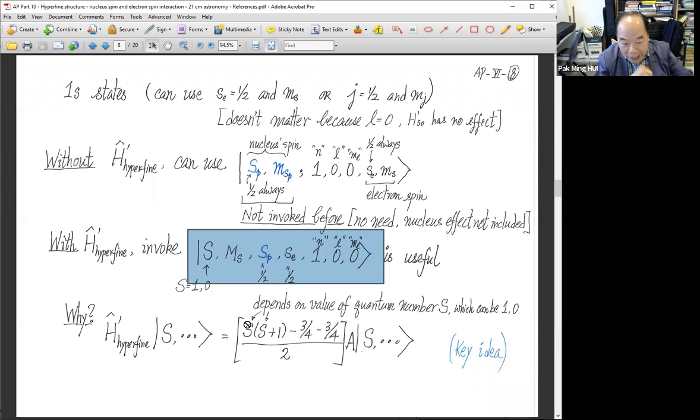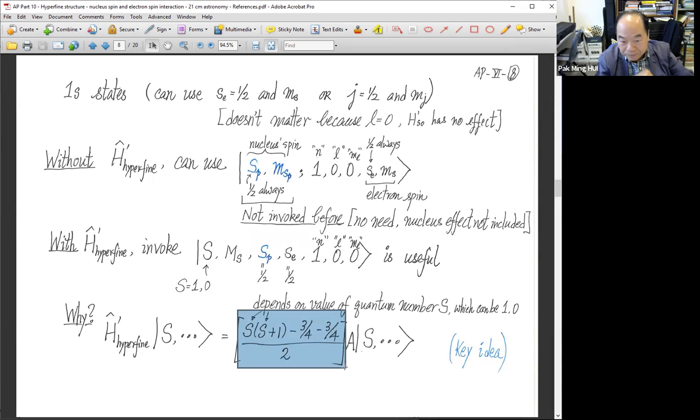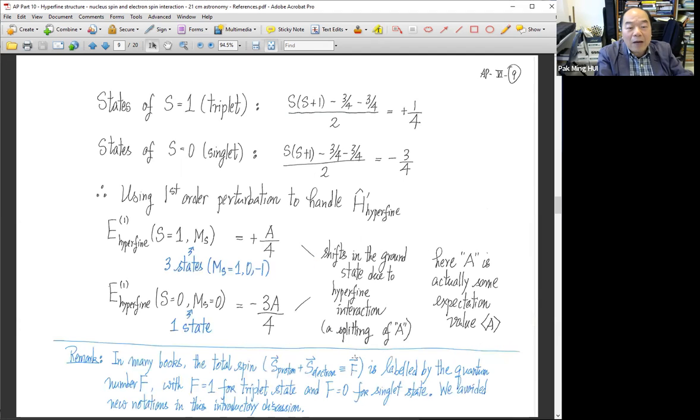So according to S equals 0 or S equals 1, that will take on 2 numbers. All right, the A is an energy in the interaction term. We don't work out this in detail, but I will show you the expression in a while. Okay, so let me extract the result out.